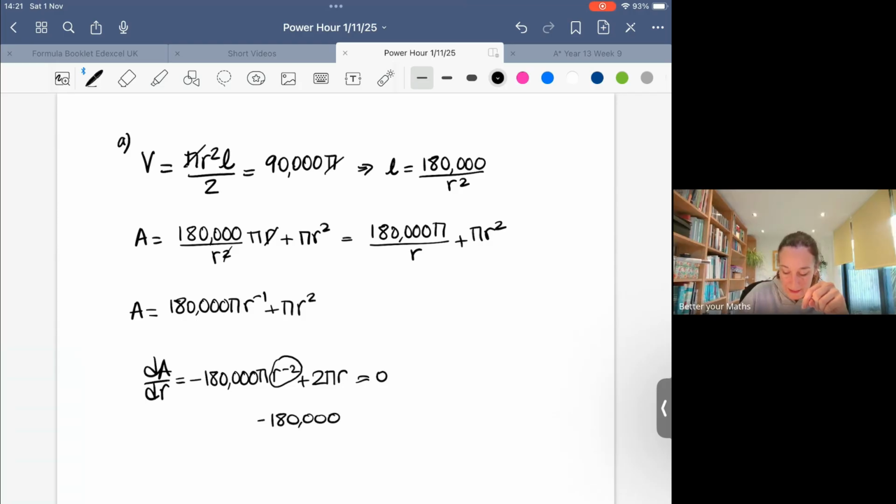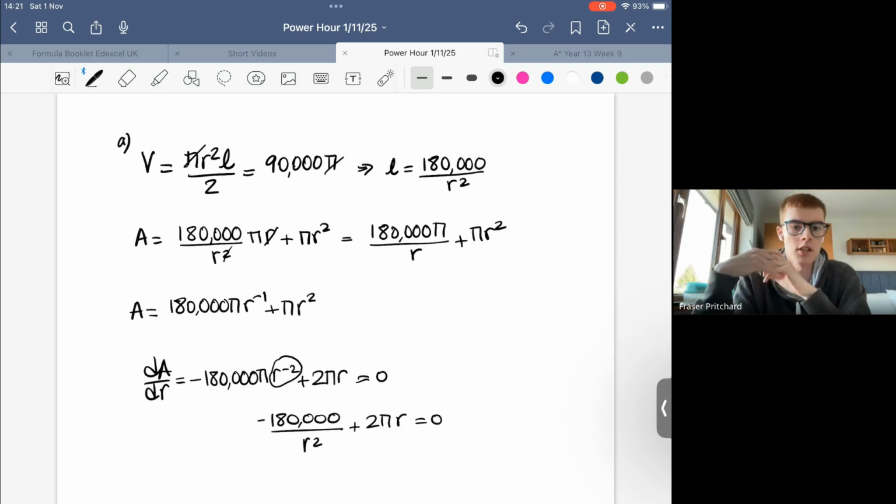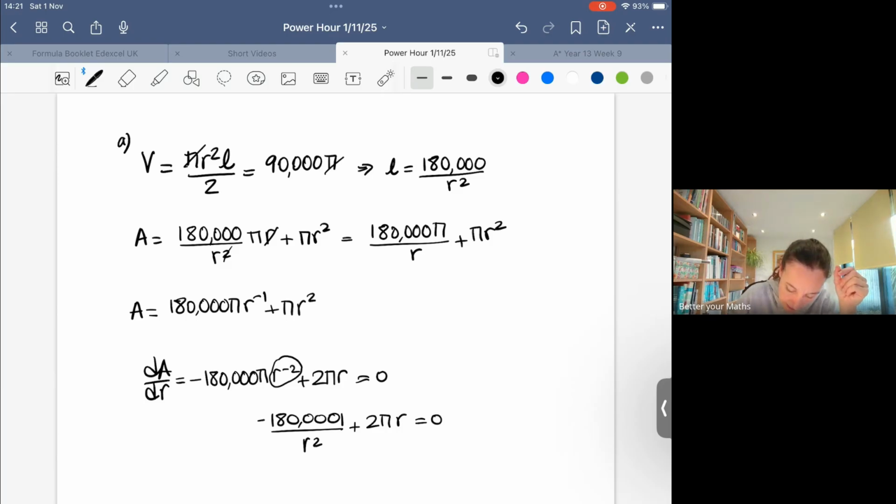I'm going to write that back as a fraction, and then you can get the r's to cancel. So then you get negative 180,000 pi over r squared plus 2 pi r.